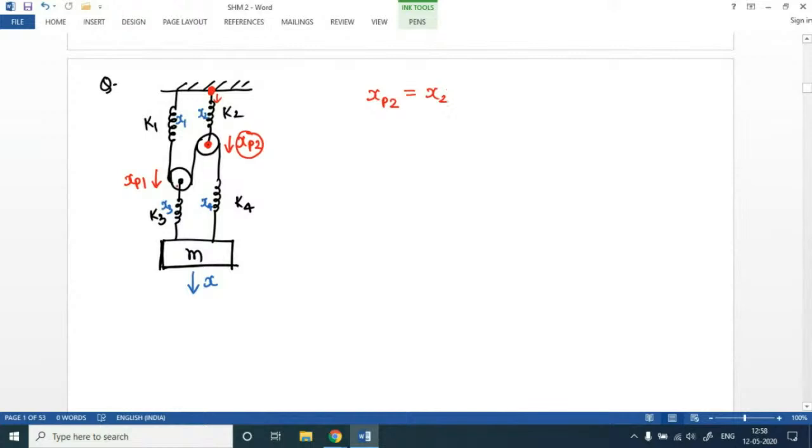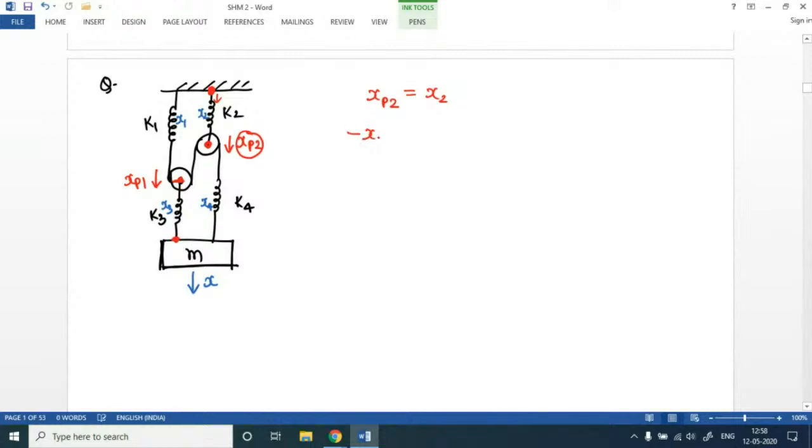Similarly, we can write the spring constraint relationship for this spring over here, that is the K3 spring. So both the ends are now moving, you should realize. This end, due to the motion of this pulley over here, is moving. So due to motion of this pulley, this spring will be compressed, you can say.